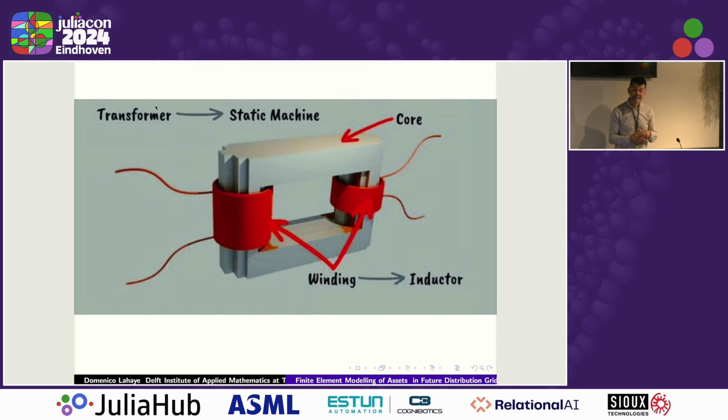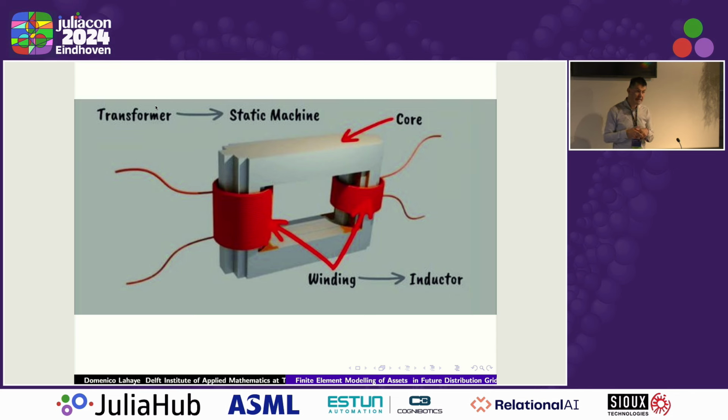In its basic essence, it's a core made of ferromagnetic material, and it has two windings. It has a supply of power on the primary side, and you have a winding that receives the power. This is the load side.